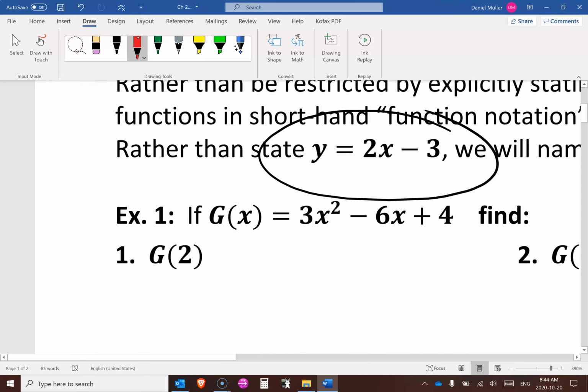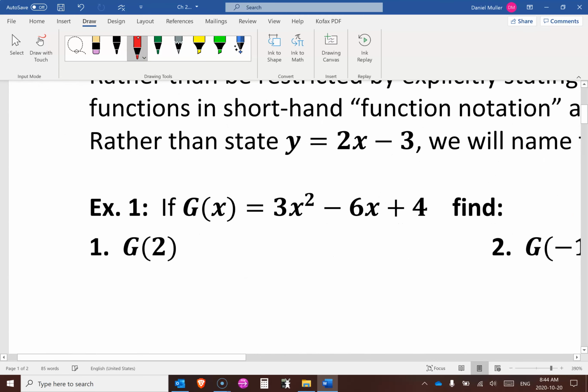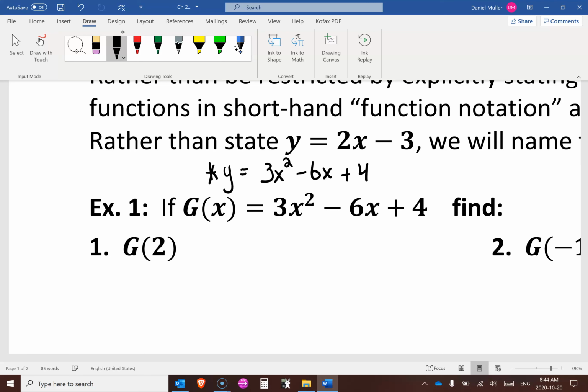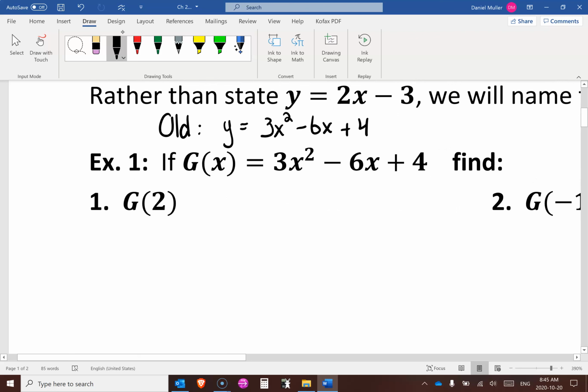So let's take a look. The old way that we would have read this is y equals 3x squared minus 6x plus 4. So this would have been the old way. And now we're going to do this the new way. Let's take a look at the first one, 2.